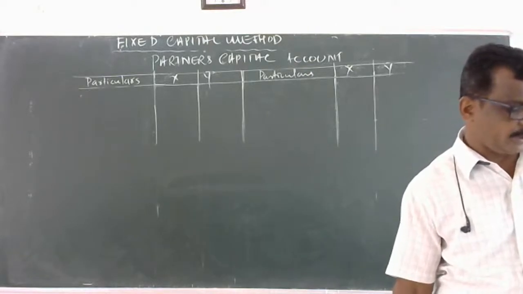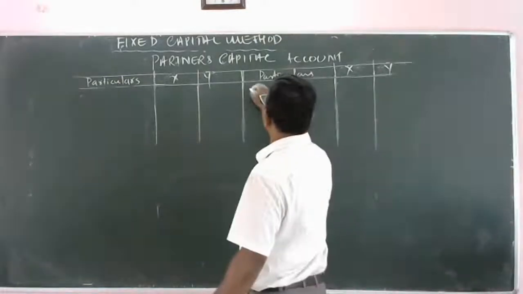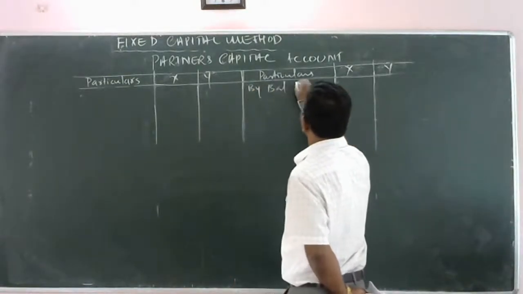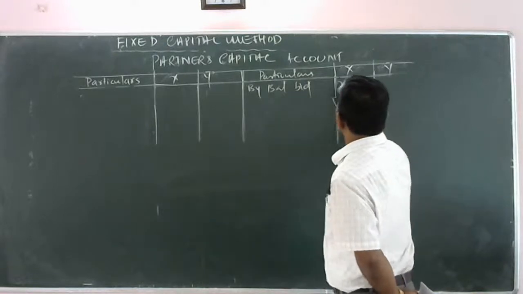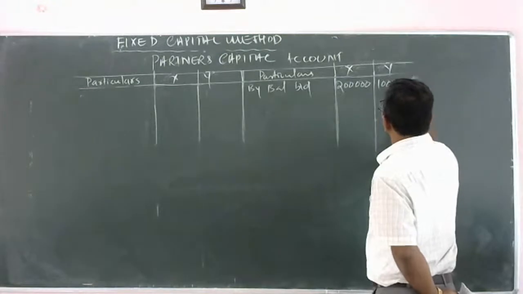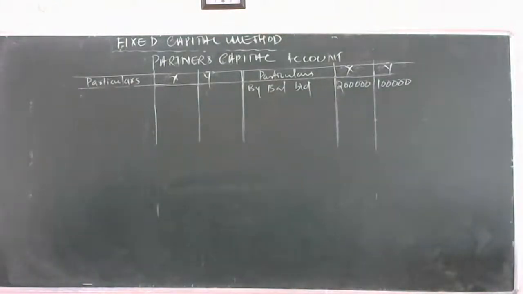Opening capital of the partners is 2 lakhs and 1 lakh. Opening capital is credited to the partners capital account. Balance brought down 2 lakhs and 1 lakh.